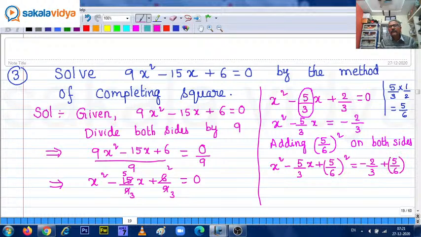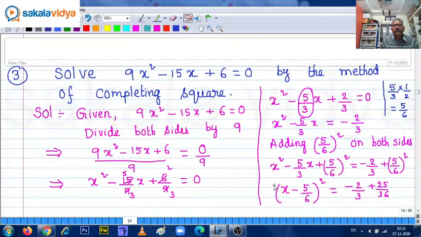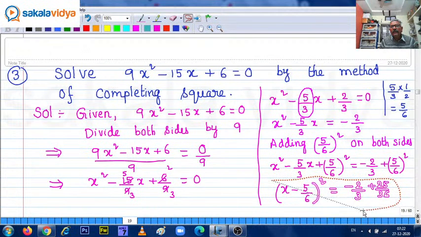Clear? This is x minus 5 by 6 whole square equal to minus 2 by 3 plus 25 by 36. Now take this part.